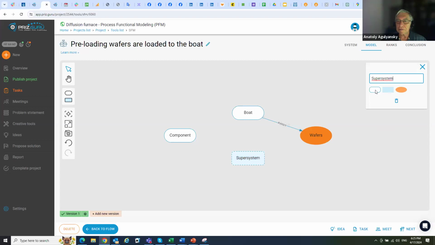We have FOUP. This is a box for wafers. It also keeps wafers.